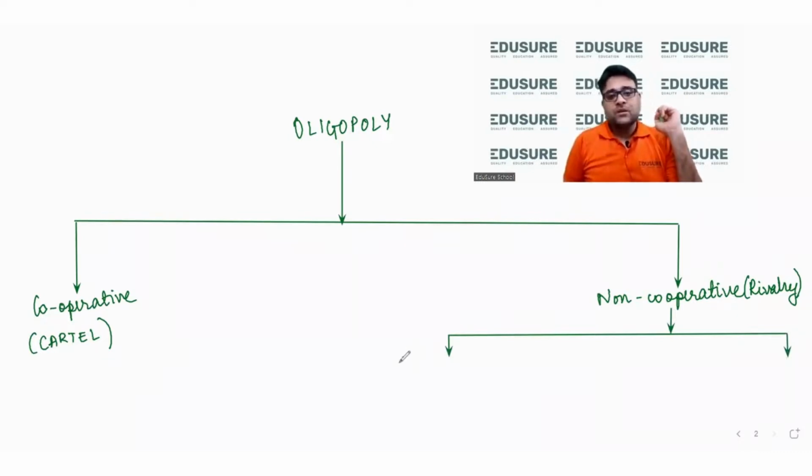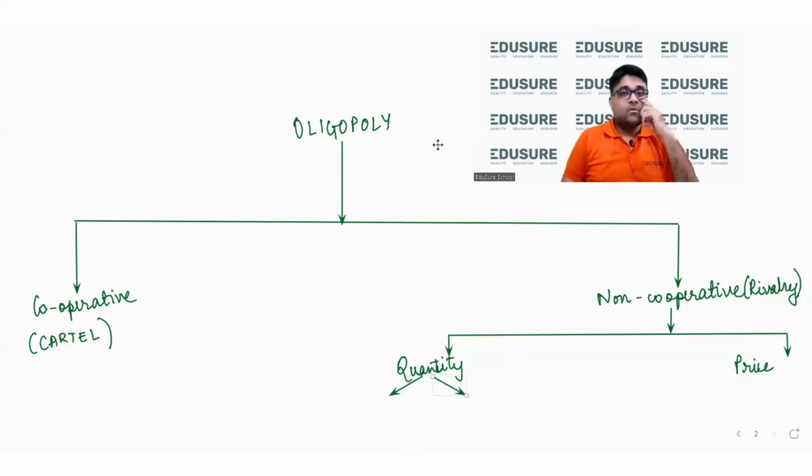One is the quantity rivalry, and the other is the price rivalry. Quantity rivalry can again be of two kinds. One where there is no leader, there is no follower. No firm is a large firm, no firm is a small firm. So quantity rivalry will encapsulate a case where all the firms are equal.